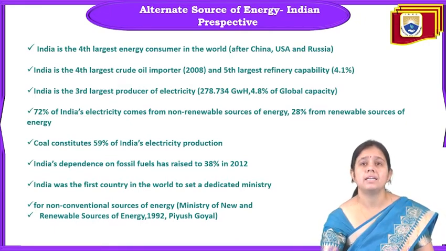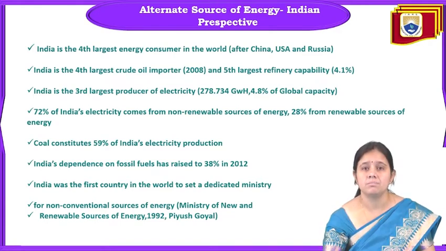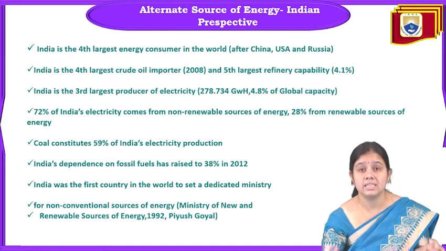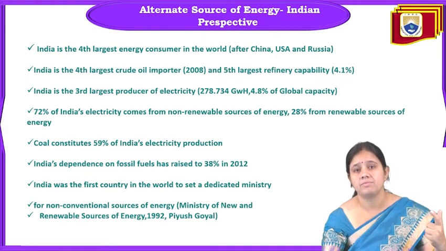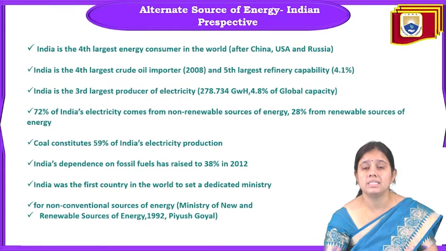First point is that India is the fourth largest energy consumer in the world, because our consuming capacity is more, after USA, China and Russia. All these are developed nations and our nation is a developing nation, but we are competing in energy consumption with developed nations, so we have to do more R&D on alternative sources of energy, because our population is going to increase day by day.